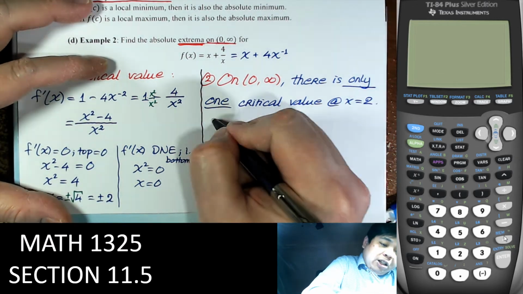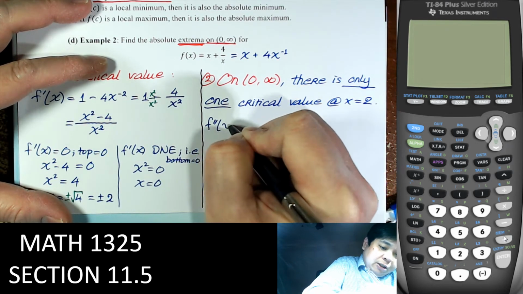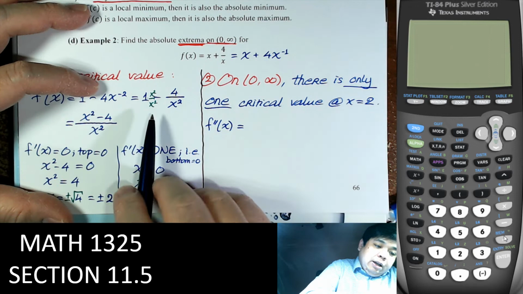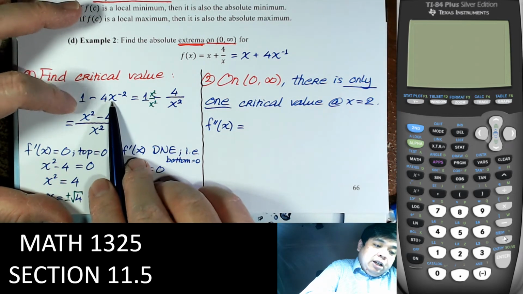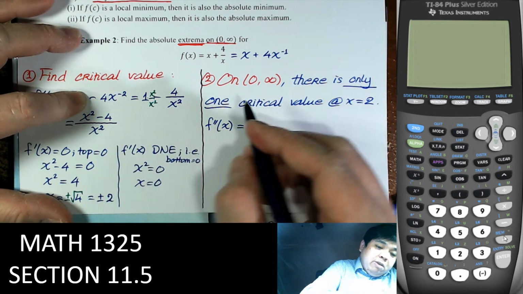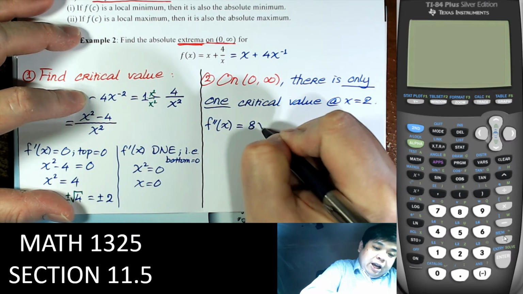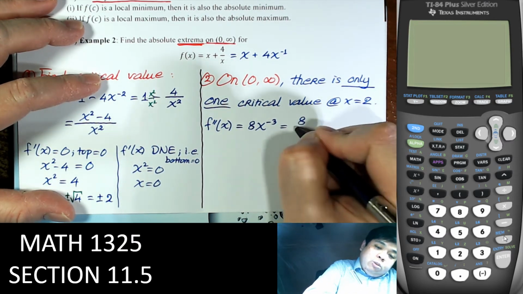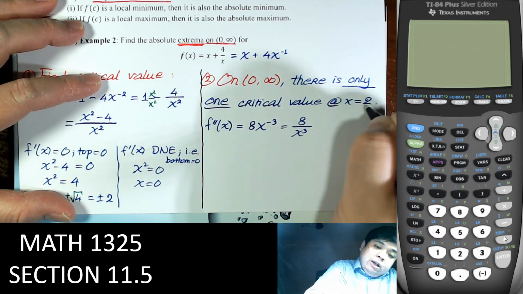That means we can use this theorem. So we'll find a second derivative from here. Derivative of 1 is 0. Derivative of this is positive 8 x to negative 3, or 8 over x cubed. Evaluate at 2.